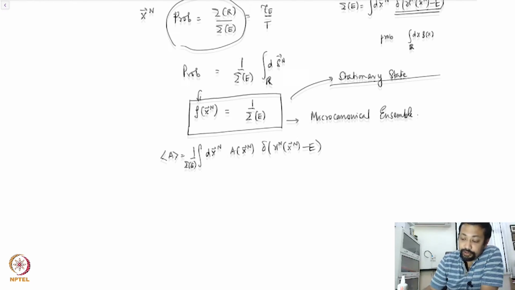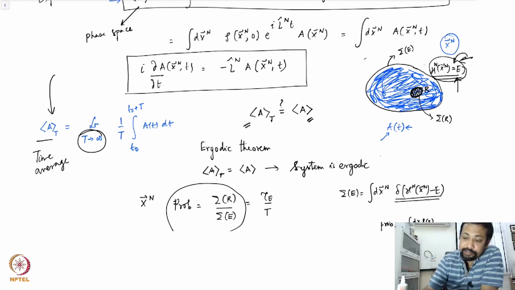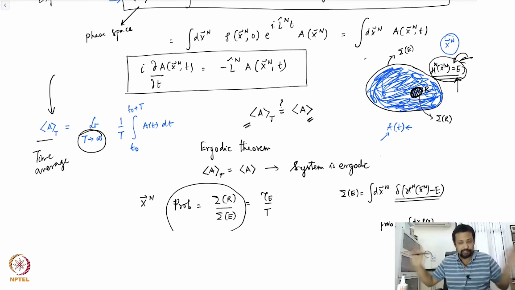It is also worth noting that when we visualize this picture of the phase space, it also means that there are no other interactions present in the system. You just have your system, and there is nothing else.